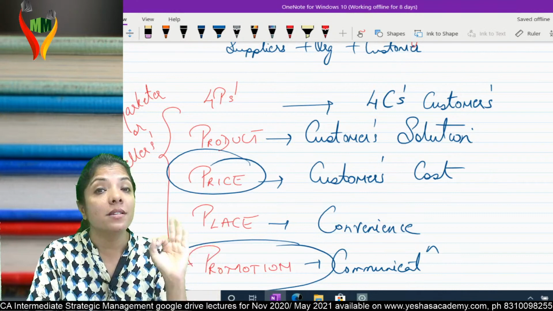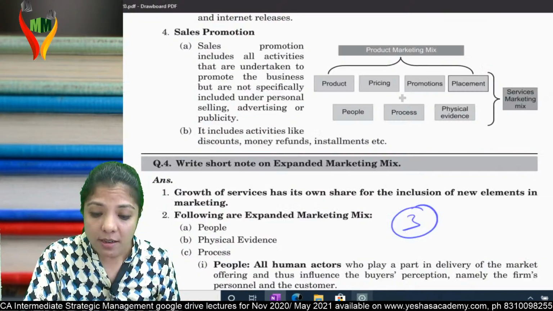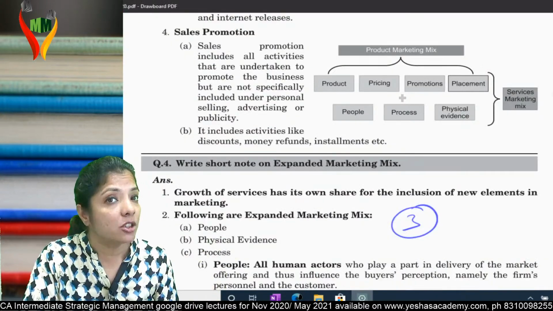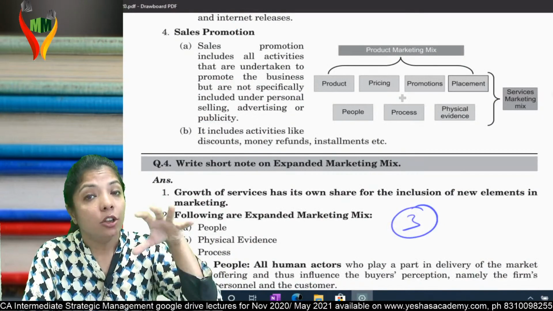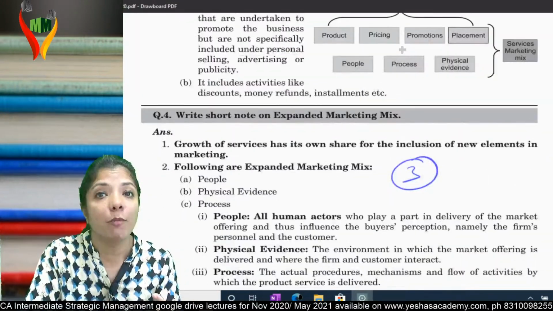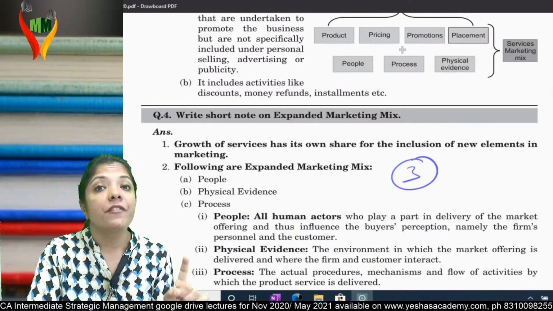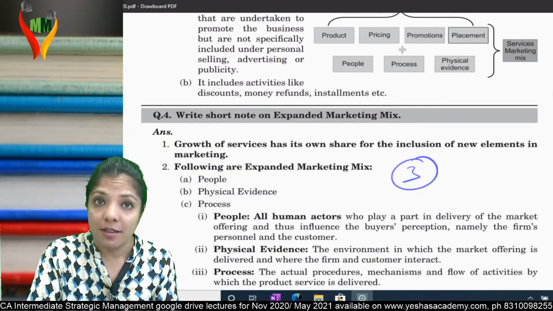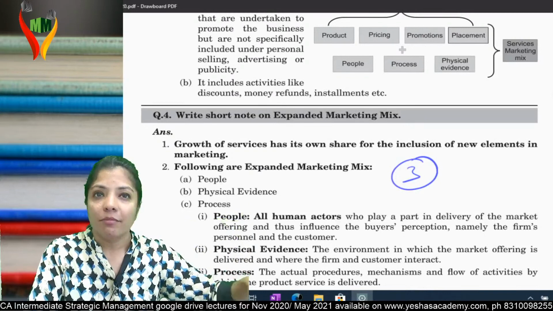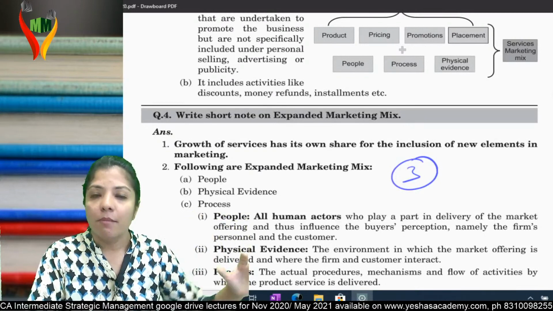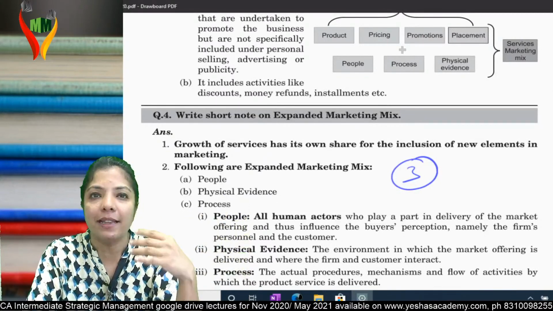Exactly, service industry. Because of the service industry, you had to bring 3 more P's. Which are the 3 more P's? People, physical evidence and process. Take people first. When you buy a product, you're not concerned with the seller because you hardly spend 2 minutes, 5 minutes and then you leave from there.